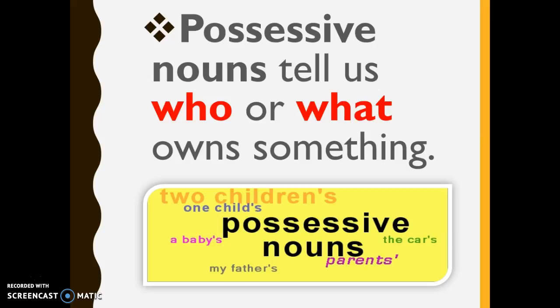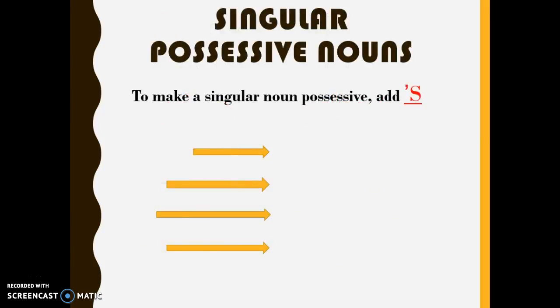To start, we will discuss the types of possessive nouns. First, we have a singular possessive noun. Remember, boys and girls, with a singular noun, we are talking about a single person, place, or thing.